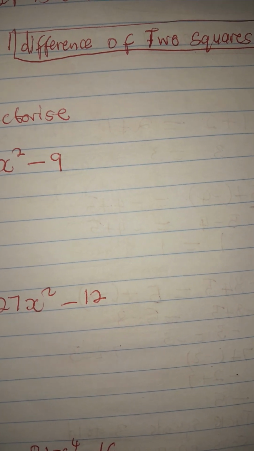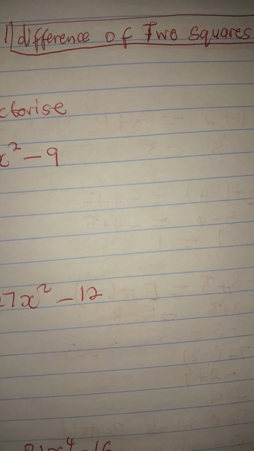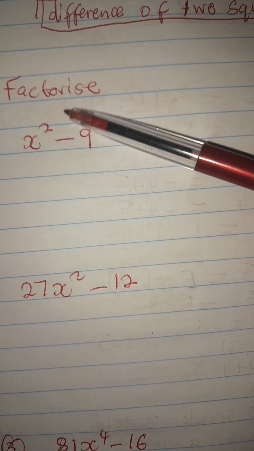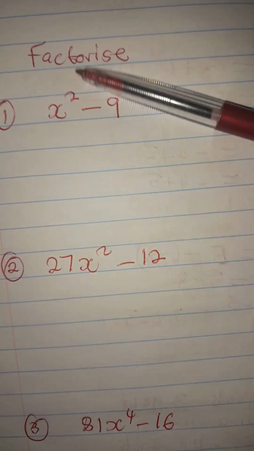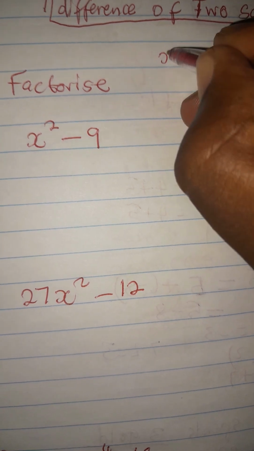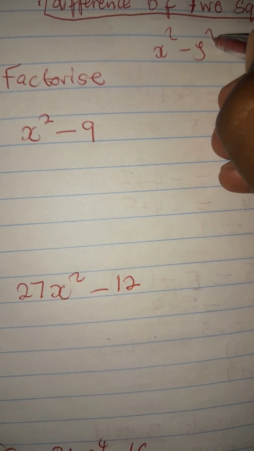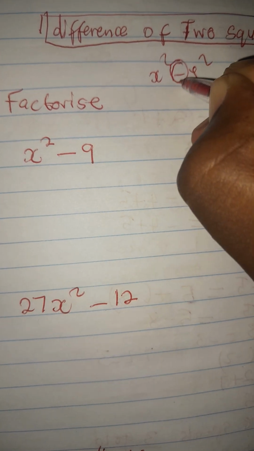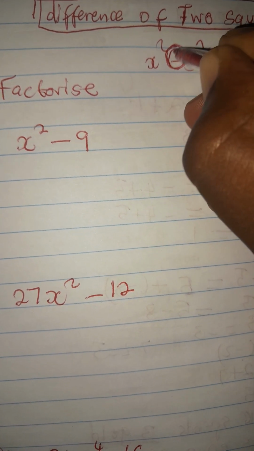You only use the difference of two squares when the squares are separated by a minus. Let's say you have x squared minus y squared. The difference of two squares is known by the squares being separated by the minus.